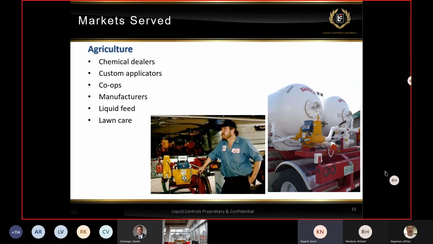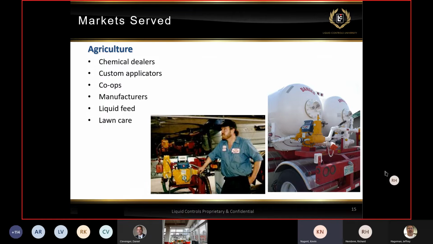Meters are also used in another industry, agriculture. We see chemical dealers, custom applicators, farm cooperatives, fertilizer manufacturers. We have been successful with our meter with liquid feed, as well as in lawn care applications. The picture on the left-hand side is an application for a fertilizer manufacturer that installed that M15 meter on a transport trailer.